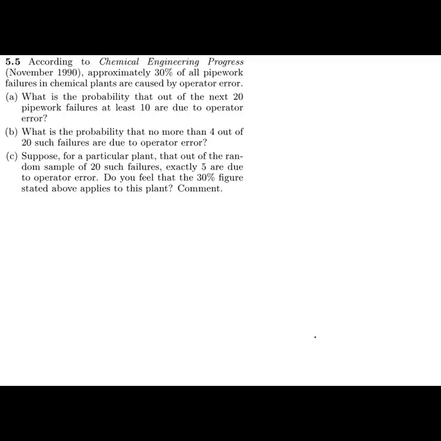Correct. So we need to use the binomial because we are looking at the number of trials that result in a success. So we are looking at the next 20, 10 of them, what is the probability that 10 of them result in a success?